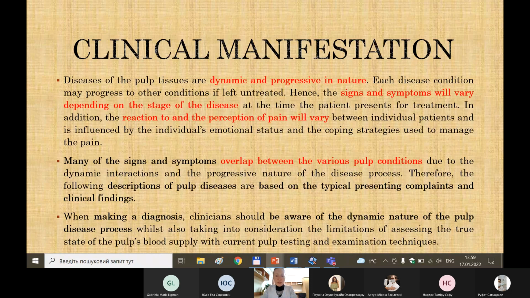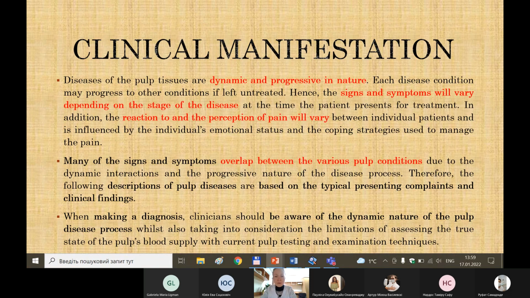Diseases of the pulp tissues are dynamic and progressive in nature. Each disease condition may progress to other conditions if left untreated. Hence, the signs and symptoms will vary depending on the stage of the disease at the time the patient presents for treatment.